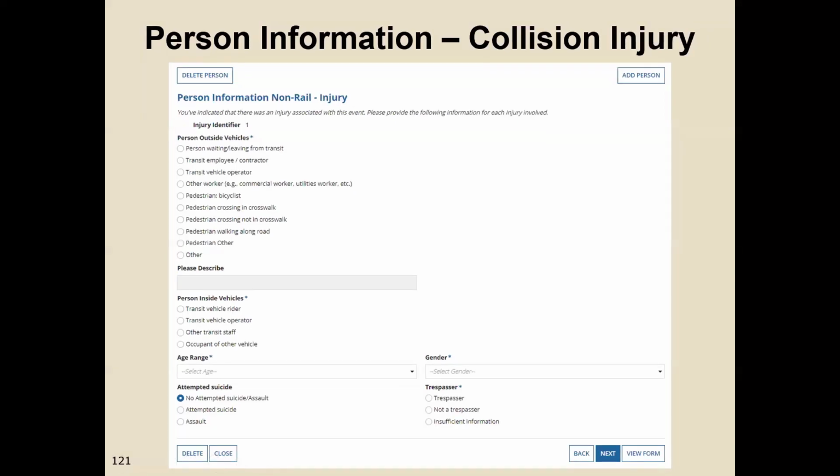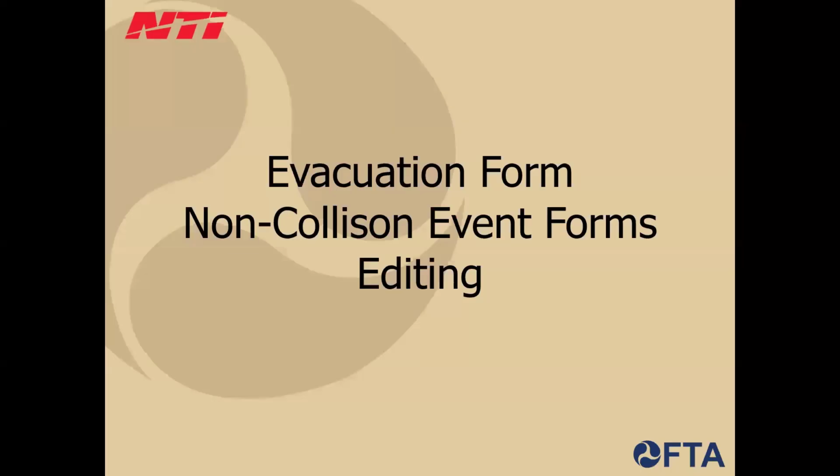This is a snapshot of the injury form. As you can see, transit vehicle operator is in the outside vehicles and in the person inside vehicles. This will conclude the reporting of collisions, injuries, and fatalities. I will now pass it back to Grace.